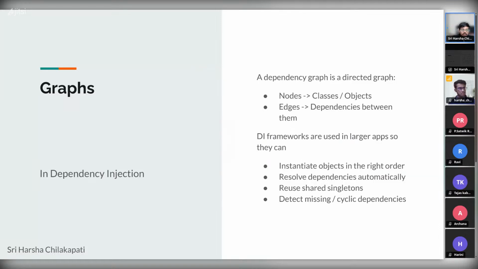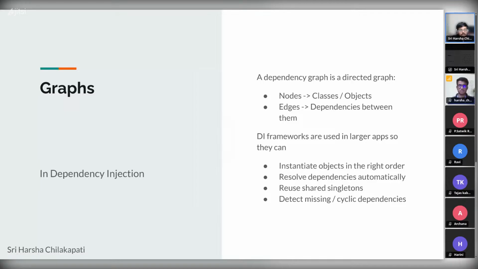And they are also used in dependency injection, which is a very complicated topic. I'll try to keep this very simple. Let's say you have a class and its constructor requires some other objects. So you'll need to create those objects first.